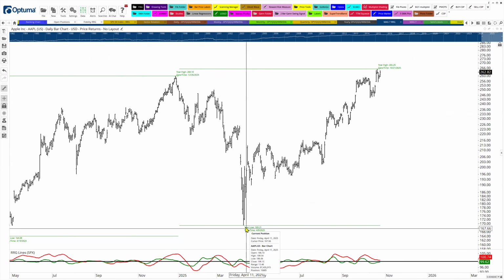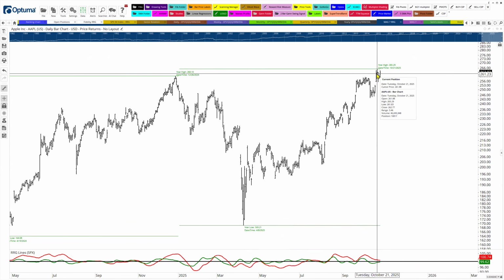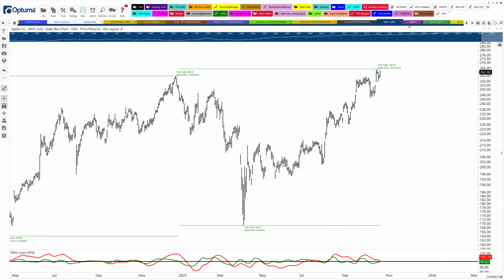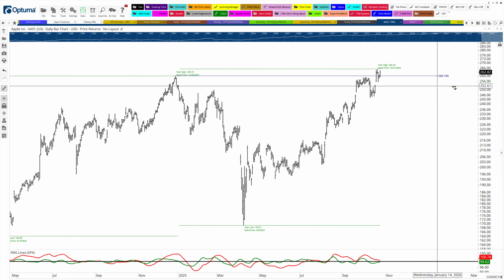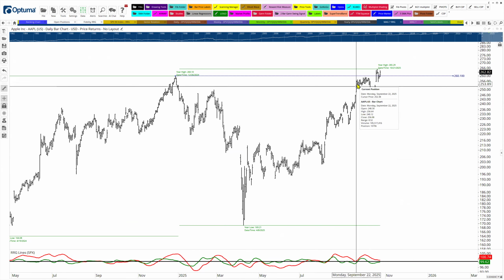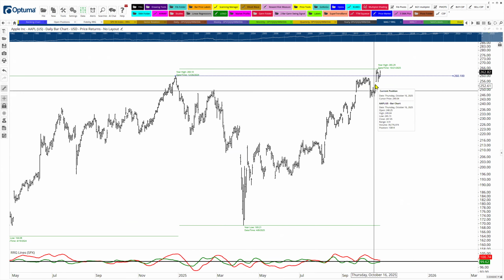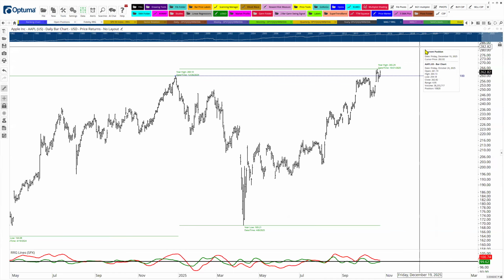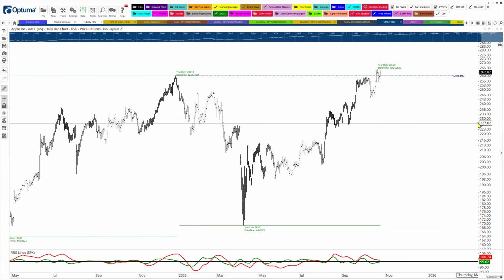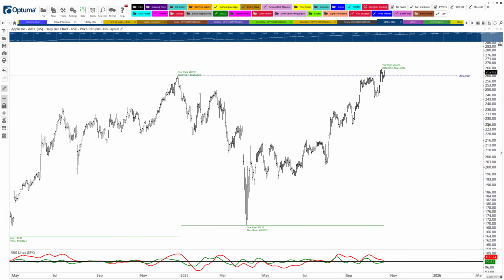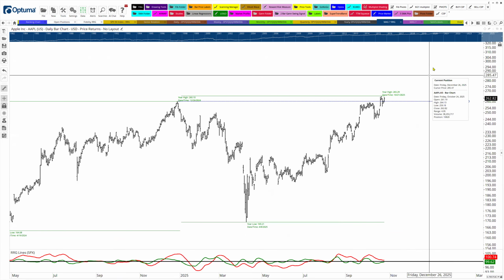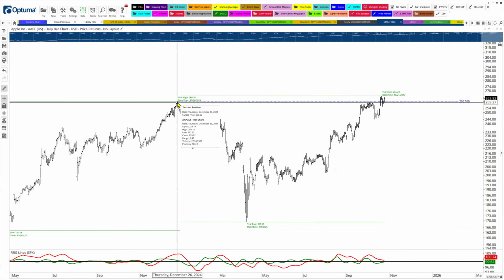That's the April low. And now it's trying to, see how close it got there, it backed off. And then it's trying to make a push here. I mean, technically, Apple just has to make room to the upside from here.